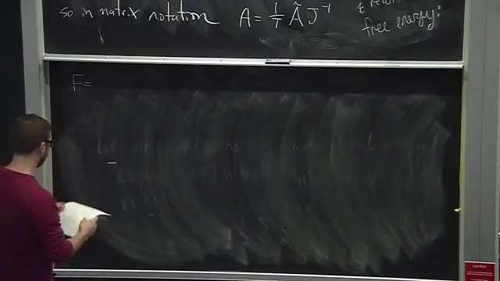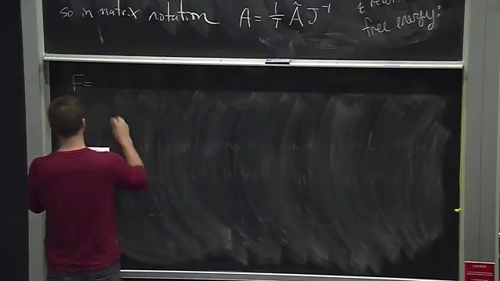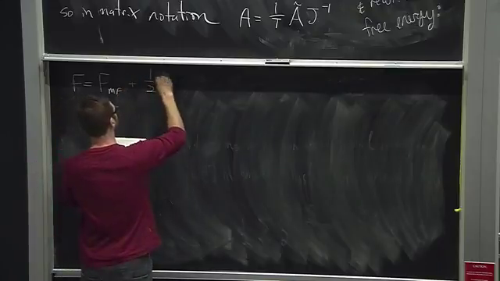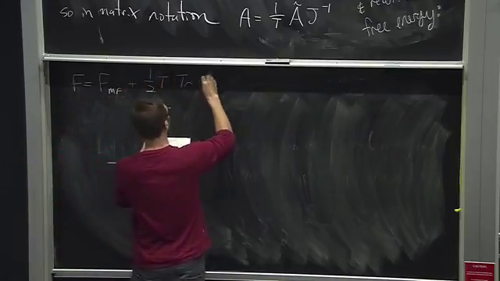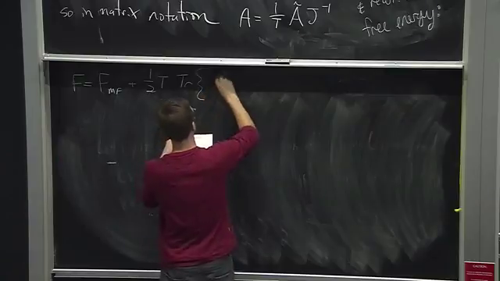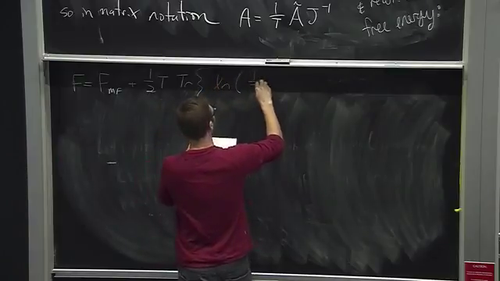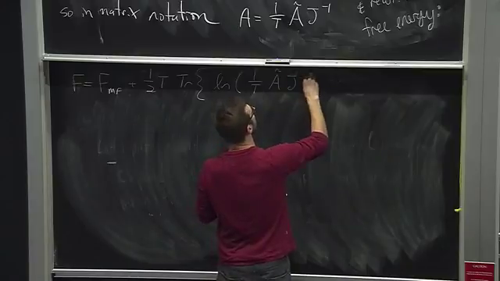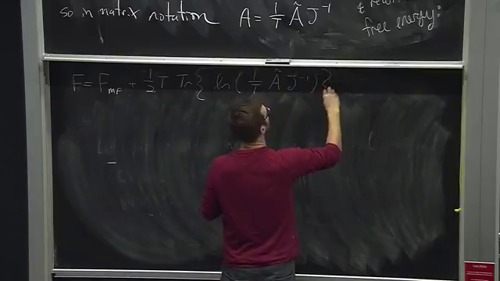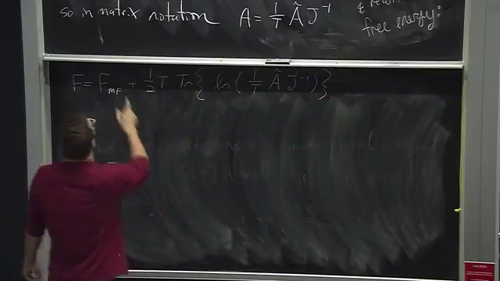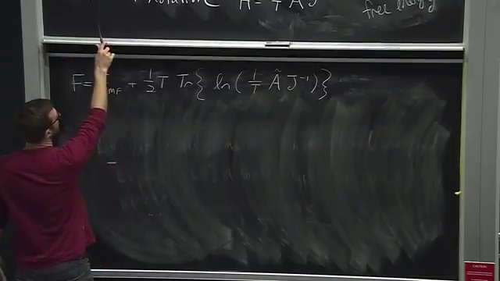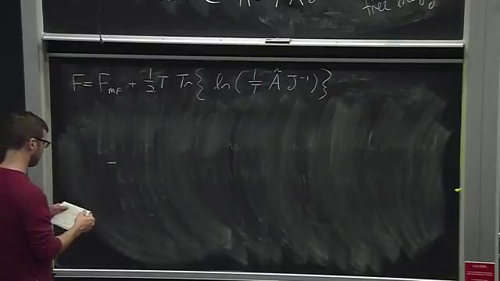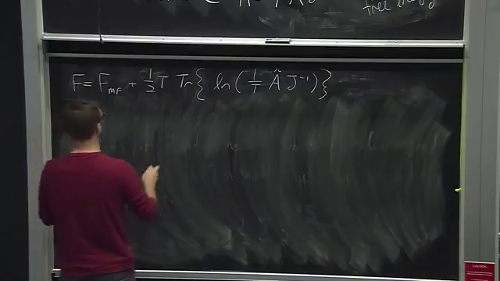Okay, so we're still chasing that fluctuation piece. So mean field plus 1/2 T times trace log 1/T A tilde J minus 1. Maybe? And that log helps us out.